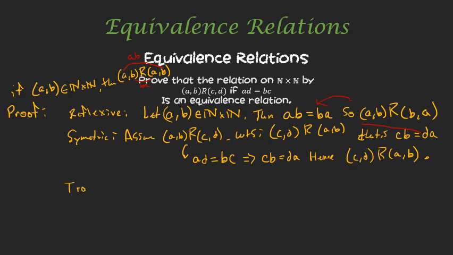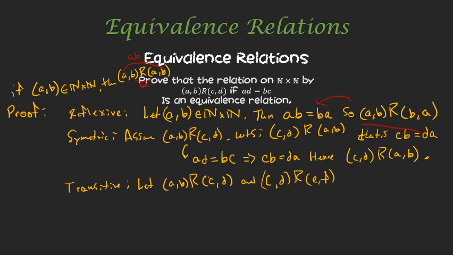All right, transitive. So given three ordered pairs, let AB be related to CD, and let CD be related to, let's say, EF.